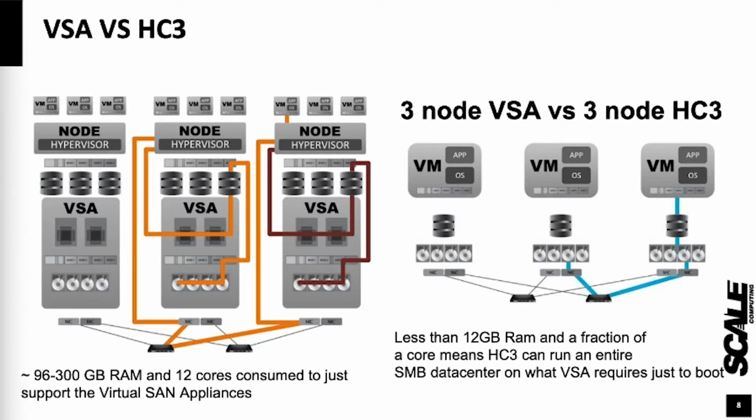So you're using anywhere from 12 cores and up to 300 gigs worth of RAM for an entire cluster, to anywhere of a fraction of a core to 12 gigs of RAM for a truly efficient environment that is set up so that you can have all of the VMs talk directly with the hardware.